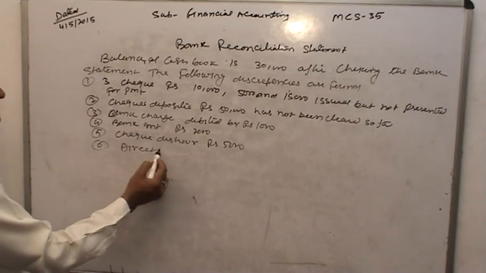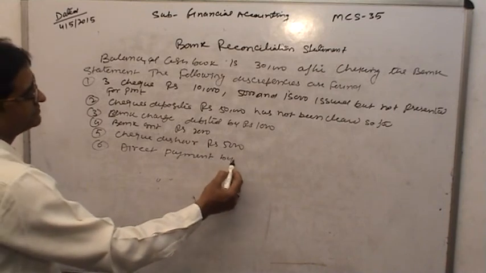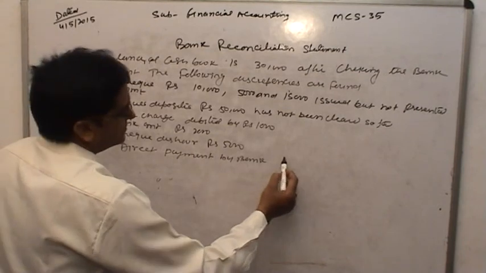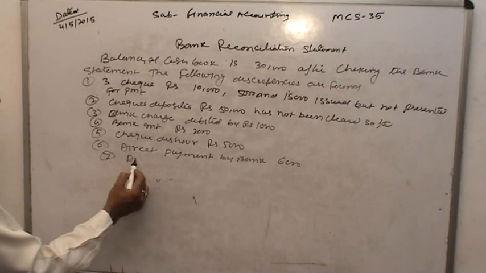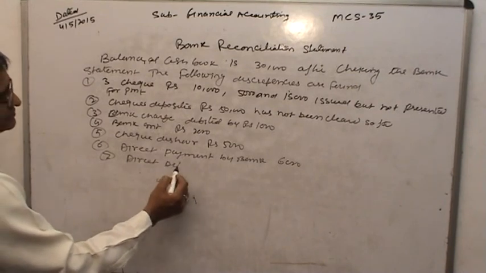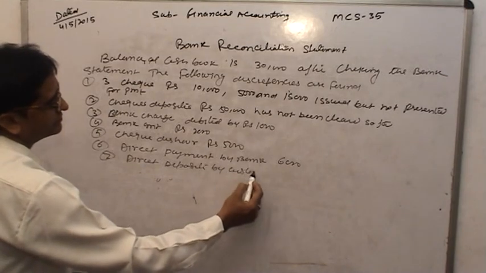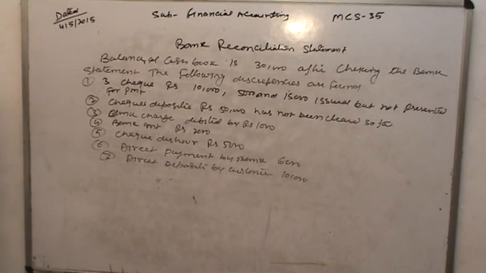Direct payment by bank 6,000. Direct deposit by customer 10,000. And now the BRS.